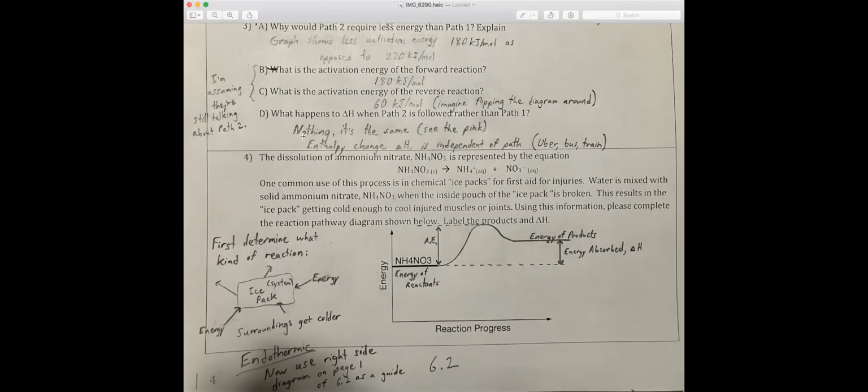All right. Endothermic, you have the absorption of heat. I have four things labeled there: energy of reactants, energy of products. The change in H is the difference between those two. And the AE, that stands for activation energy, that is the difference between the start and the peak. And I think that's it. Let me know if you have any questions.